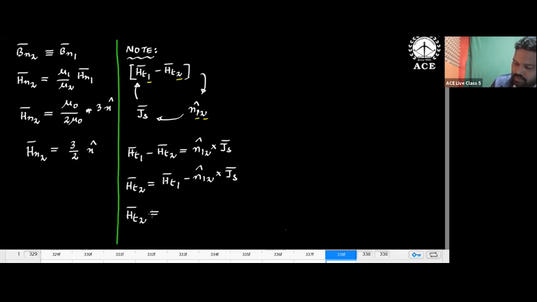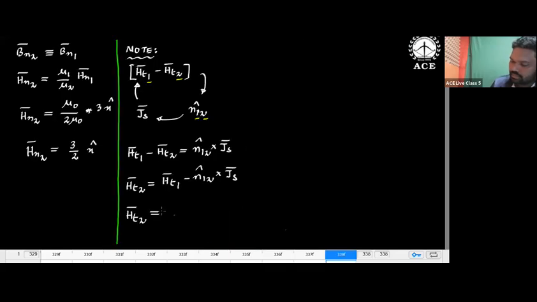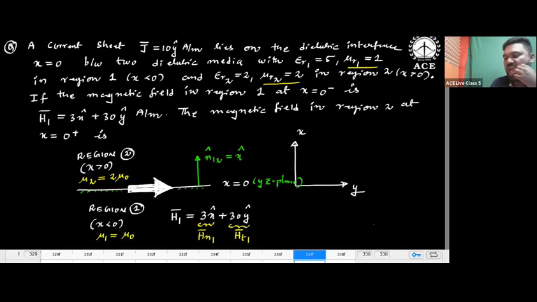So just substitute these values here. HT2 is equal to HT1. What is HT1? HT1 is 30y cap, minus N12. What is N12? Normal is x cap, cross Js. What is Js, beta? It is 10y cap. It is mentioned in the question.